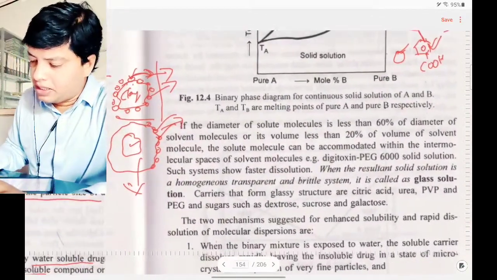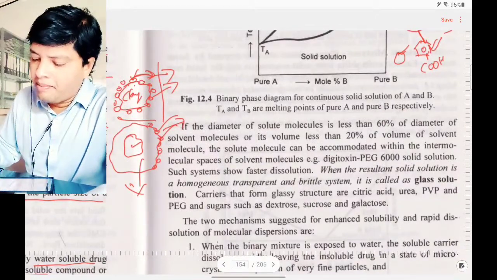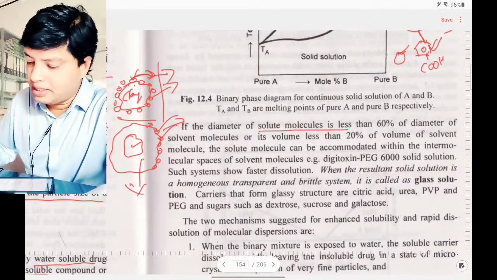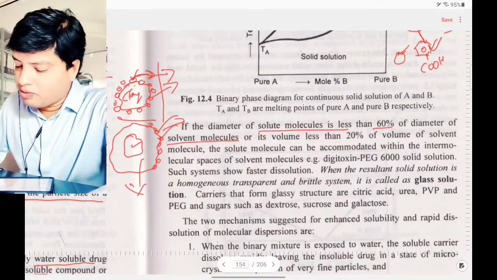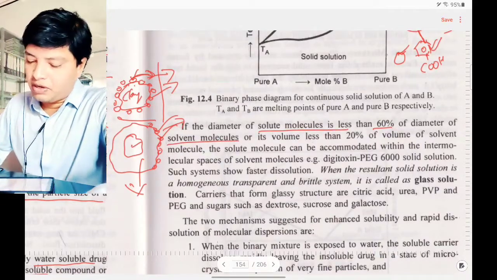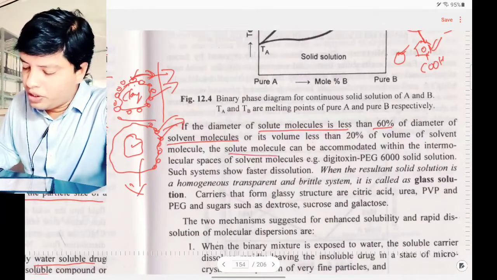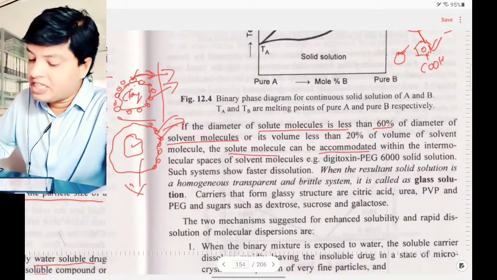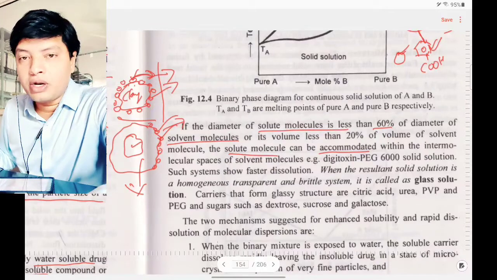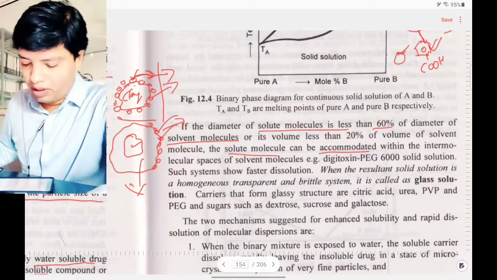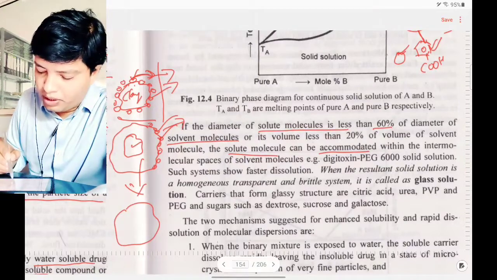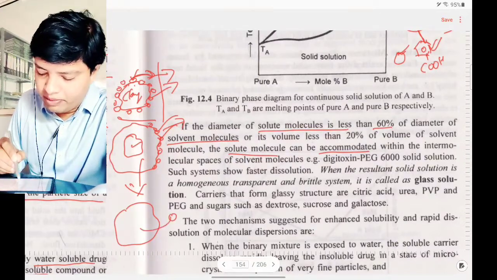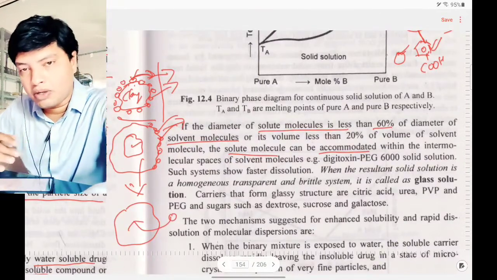Now move on to the further topic. If the diameter of the solute molecule is less than 60% of the diameter of the solvent molecule, or its volume is less than 20% of the solvent molecule, then the solute molecule can be accommodated within the intramolecular spaces of the solvent molecule. What I am saying is, let's say our solvent molecule is this big and the solute molecule is only this big, then it will be incorporated within the molecule.